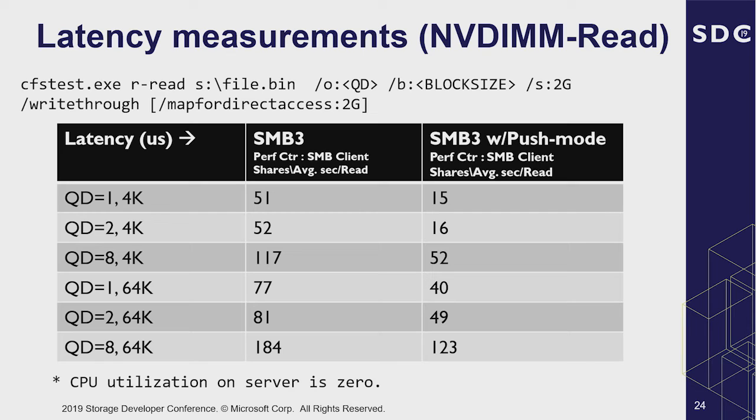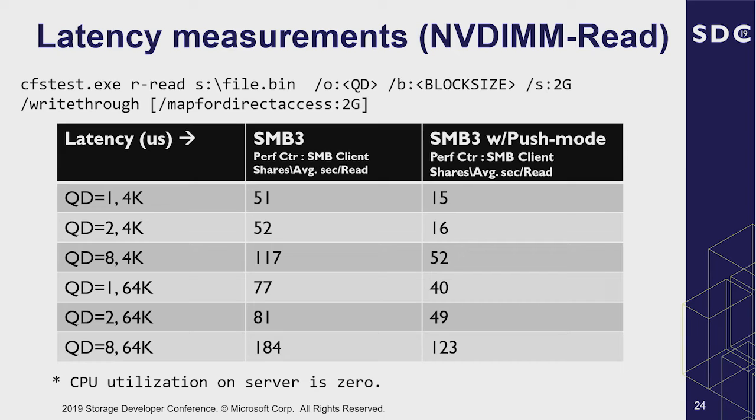There's no CPU at all involved on the server when it's operating in this mode. There's fairly significant gain across the board for various Q depths and IO sizes. When you come to higher Q depths and higher IO sizes, you are bound by the bandwidth of the connection, so you don't see more gains after that. But it's a pretty good win.